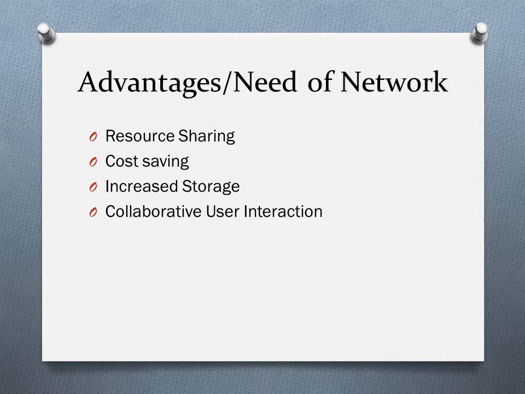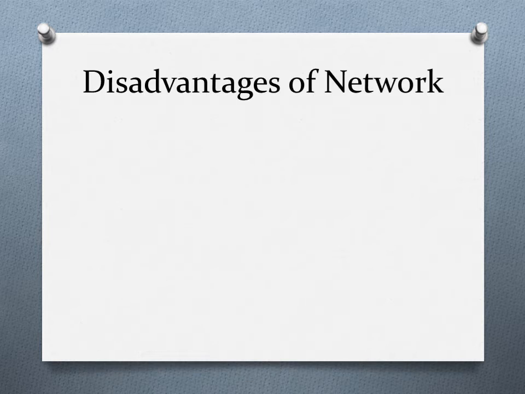Next, collaborative user interaction. In a network, the data is transferred from one system to another very quickly, and the persons working on the network can communicate with each other by sending mails and chats, which saves time and cost both.